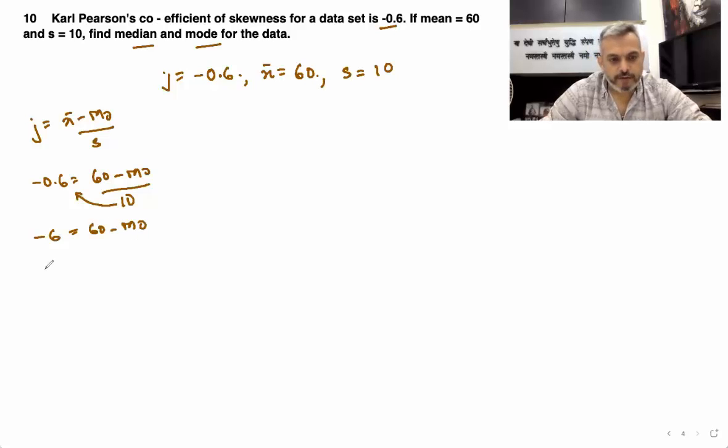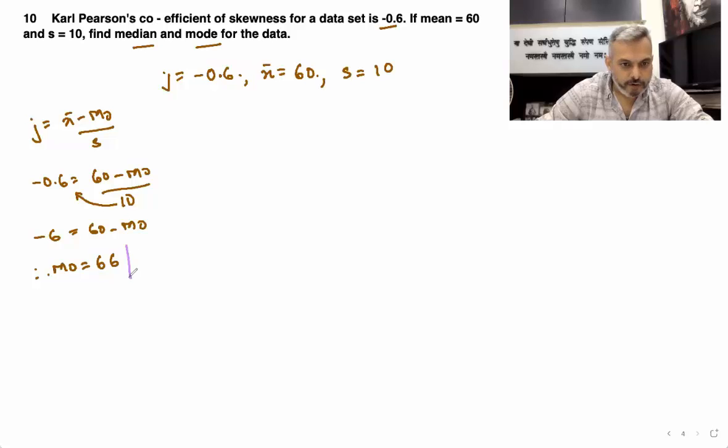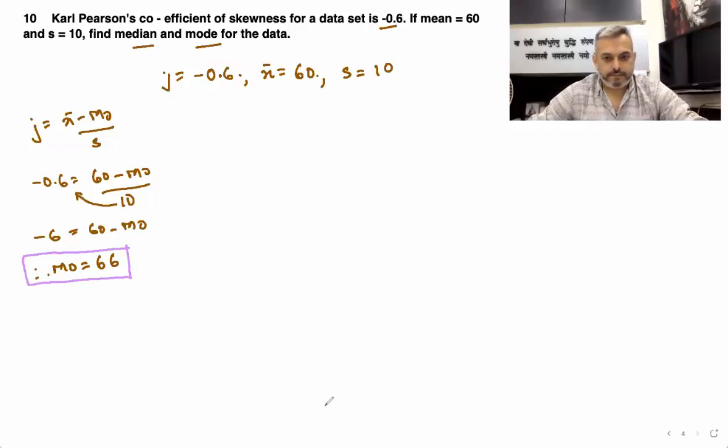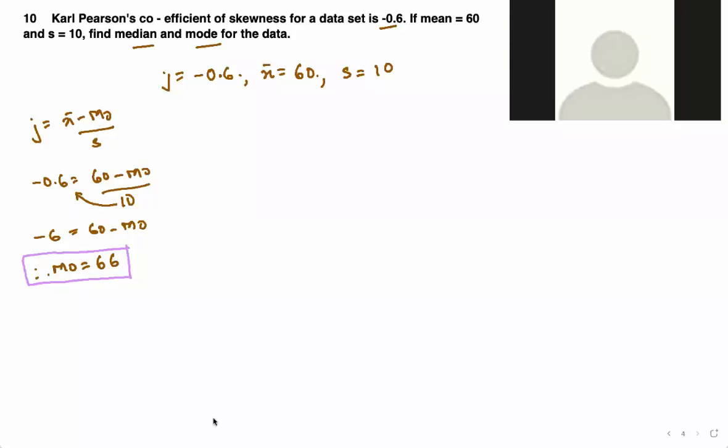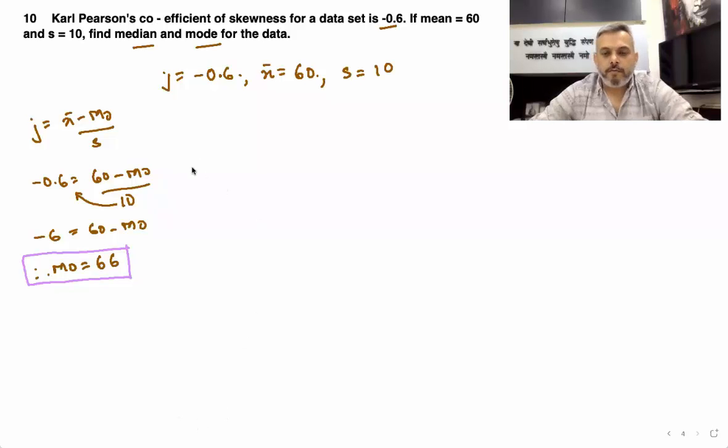So mode will come on the left hand side. So mode is equal to 60 minus 6 will become plus 6, 66. So mode is equal to 66.